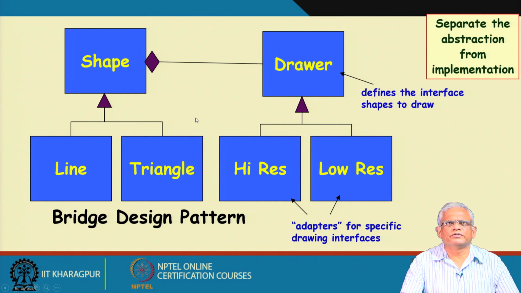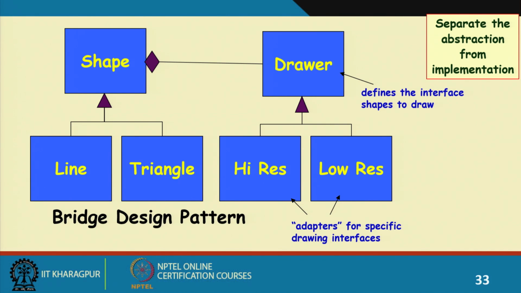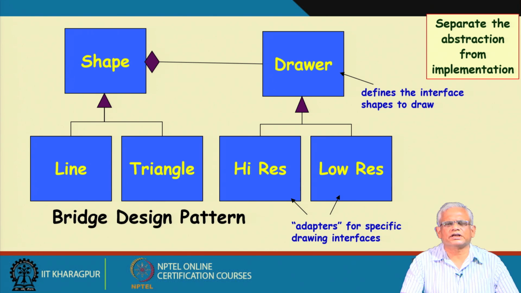The main idea of the bridge pattern is that it separates the abstraction from the implementation. In a typical class hierarchy, the implementation and abstraction are there in one hierarchy and therefore, the number of classes rises almost exponentially as any maintenance problem comes in.